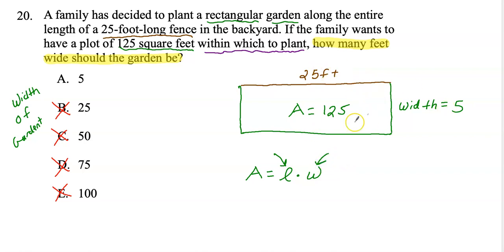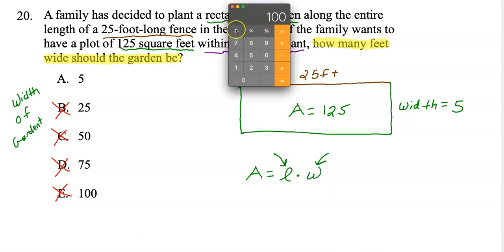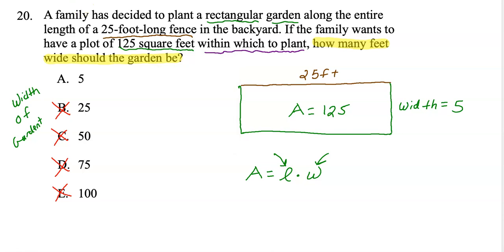And when I multiply these two, I'll get the area of 125. 25 times 5 equals 125, and that matches up with answer choice A. So my width has to be 5 right here. So I circle A. And I'm done.